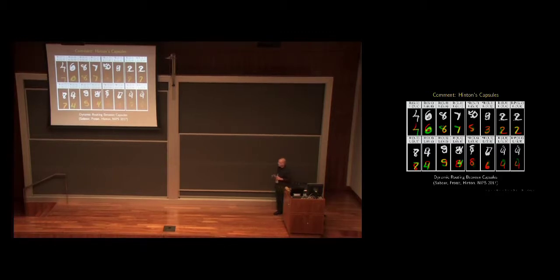I want to comment here. These are some speculative comments. This slide is taken from Geoff Hinton's recent paper on capsules, and there's no communication. This work was done completely independently, but the task that they chose to test capsules on is also a synthetic digit separation task.